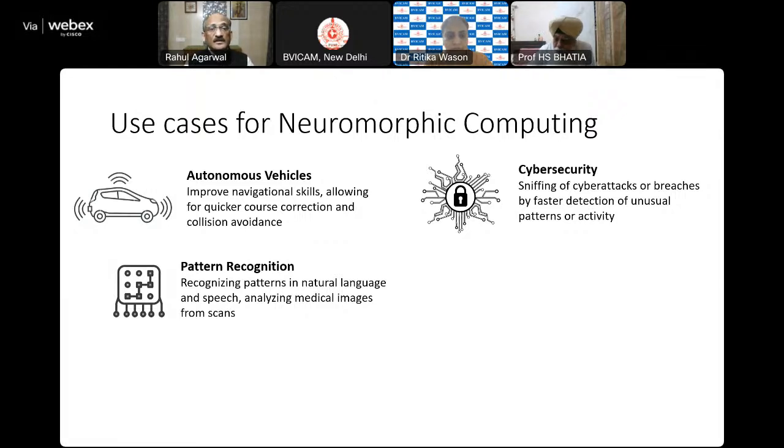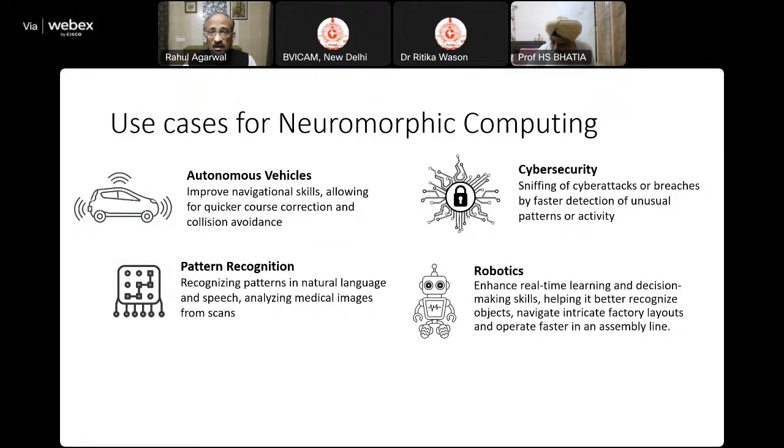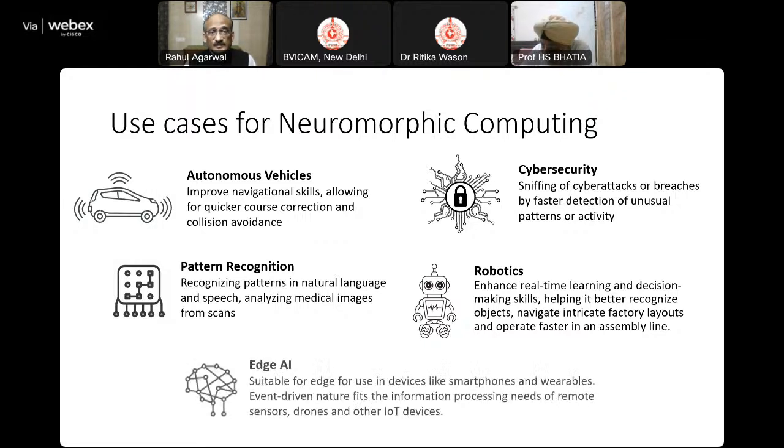Then pattern recognition is much faster, and you can identify patterns in natural language speech and medical images very fast. In terms of robotics, enhancing real-time learning and decision-making skills helps in better recognition of objects, and it can navigate the factory, integrate factory layouts, and operate faster in an assembly line.